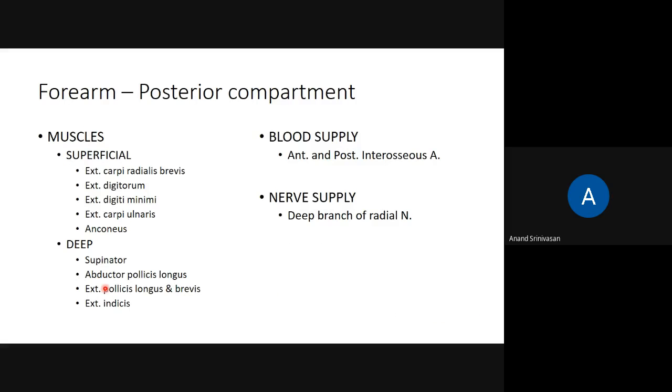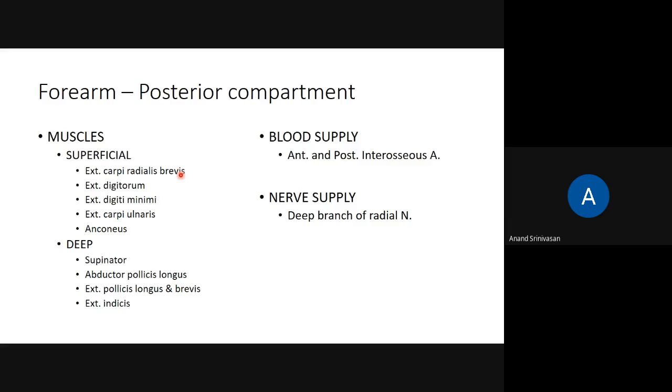Lastly, the posterior compartment, which is also called the extensor compartment. What are the muscles present here? I told you extensor carpi radialis longus, so the brevis is present here. Extensor carpi radialis brevis.